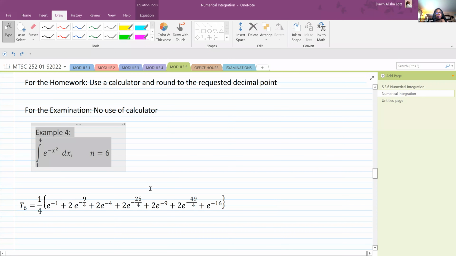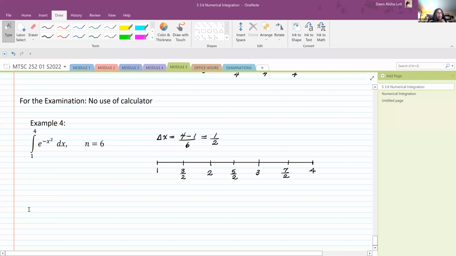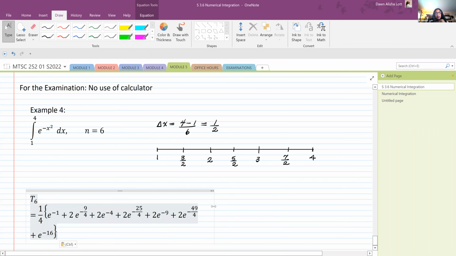For the trapezoidal rule, on the exam, the answer that will get you full credit will be this.